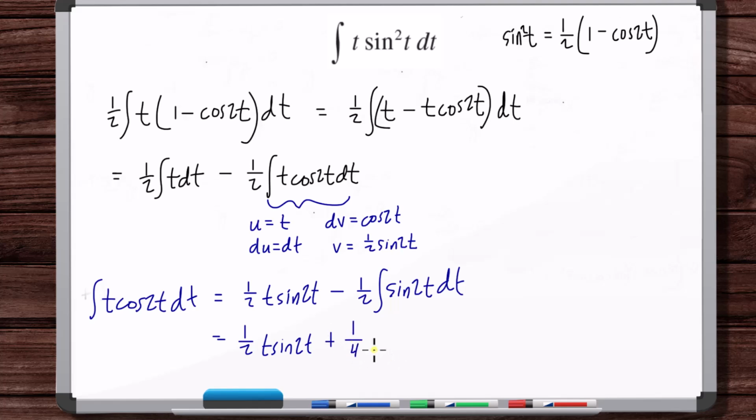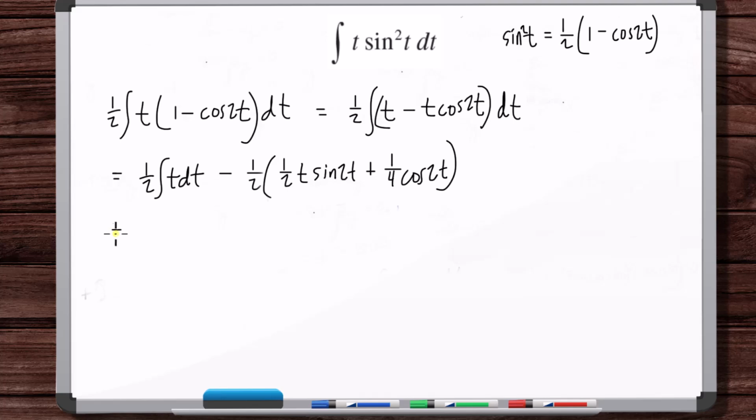So plus 1/4 cosine 2t. All right. So that integral is 1/2 t sine 2t plus 1/4 cosine 2t. All right, so this is 1/4 t squared minus 1/4 t sine 2t minus 1/8 cosine 2t. There you go. That's it, plus c.